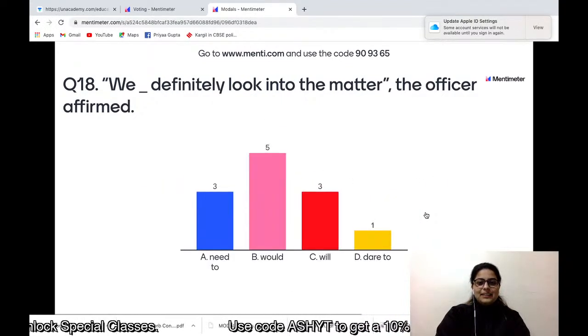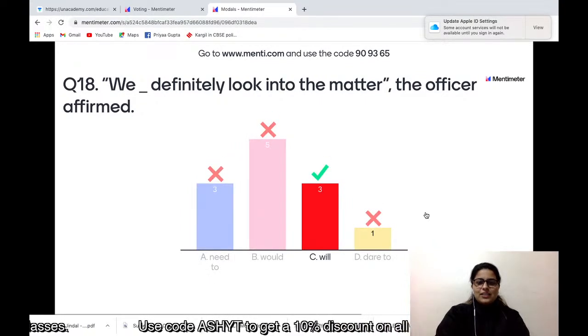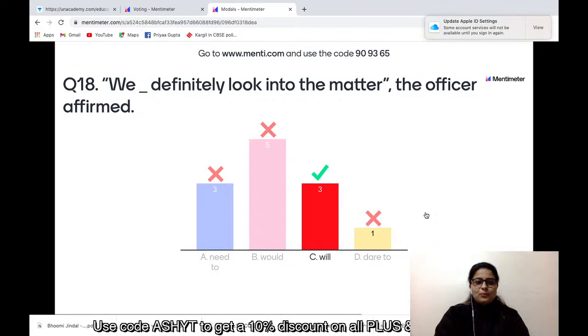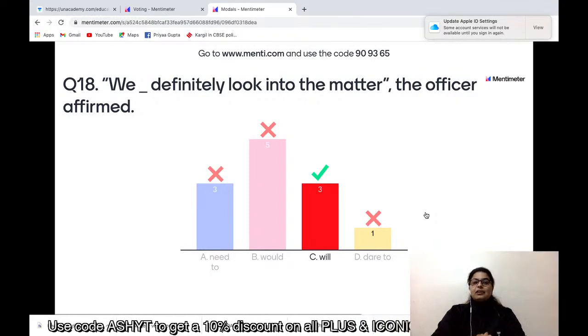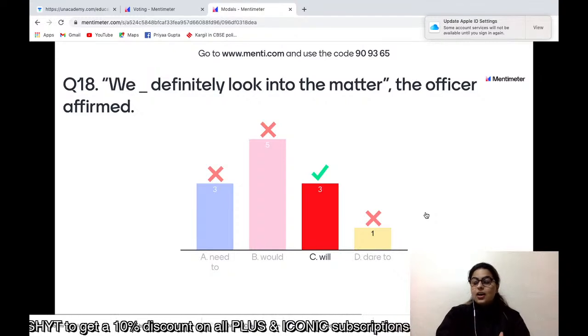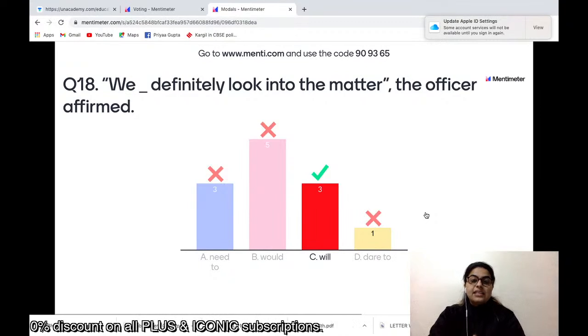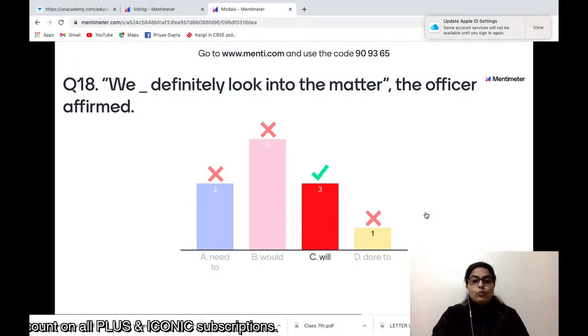Time up. Let's see. We will, of course. It is an important issue. So, we definitely will, definitely what has been used. That means the chances, or you can say the importance of the issue is high. So therefore, will.